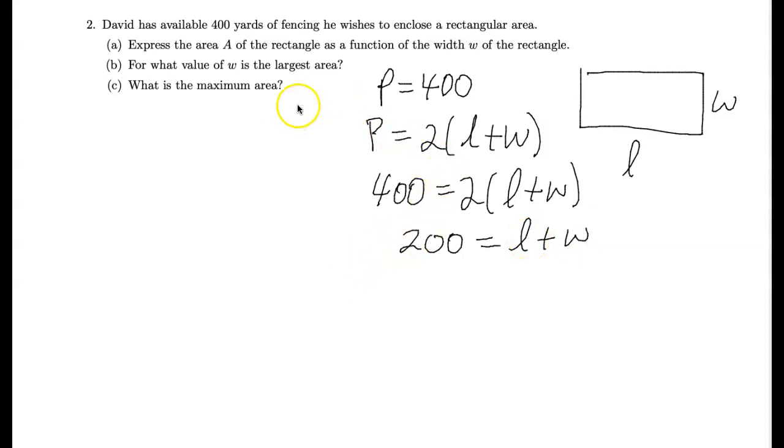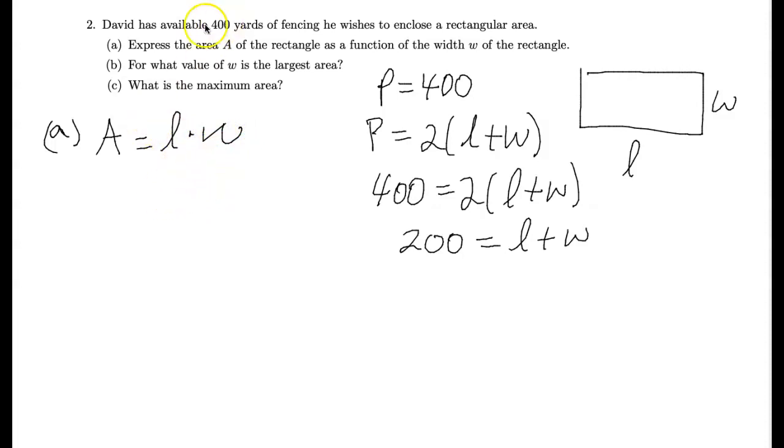Alright, so for part A, we want to express the area of the rectangle as a function of the width of the rectangle. Let's go over here. We know A equals length times width.